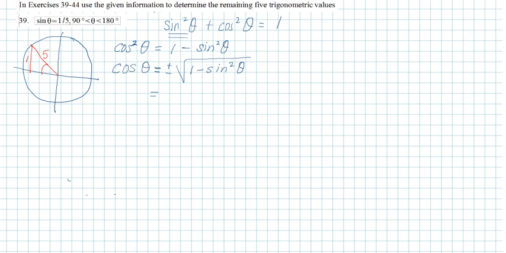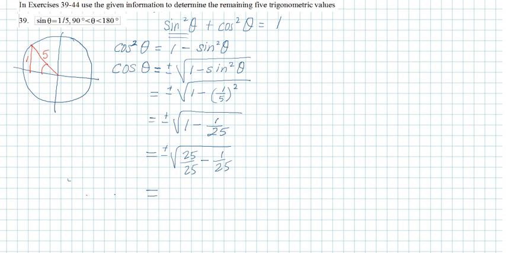So this is equal to plus or minus the square root of 1 minus 1/5 square, because 1/5 is the sine of theta. So this is equal to plus or minus square root of 1 minus 1 over 25, which is the same thing as plus or minus square root of 25 over 25 minus 1 over 25.